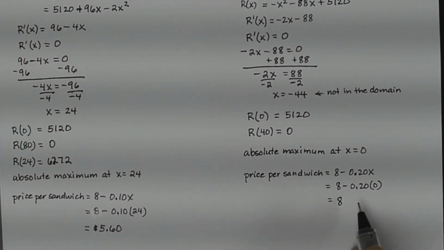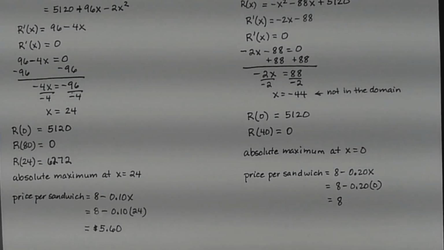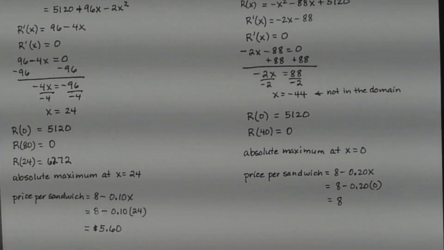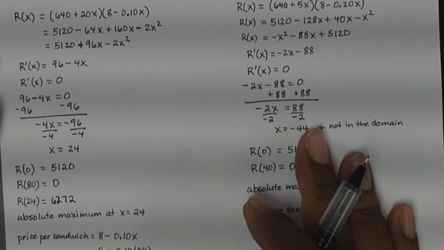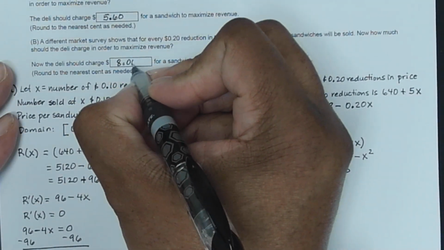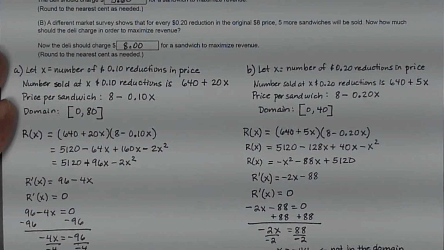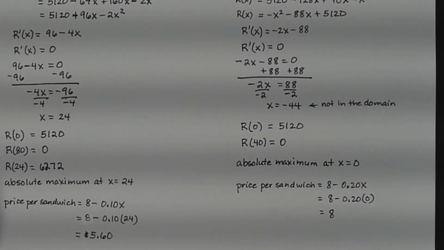It's going to end up being 8 because 0.20 times 0 is 0, and 8 minus 0 is 8. So the price per sandwich will still be $8. To answer the question, the deli should charge $8 for a sandwich to maximize the revenue.